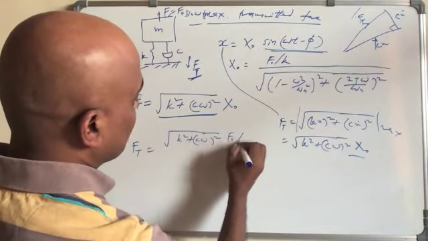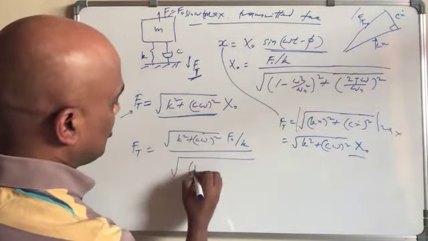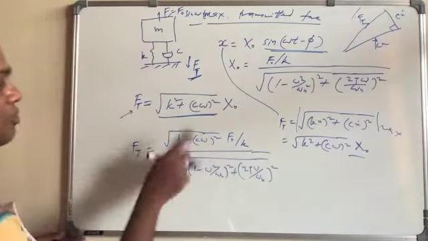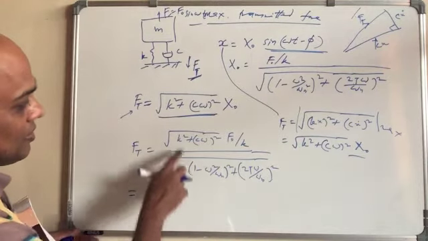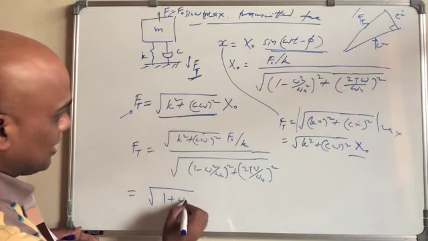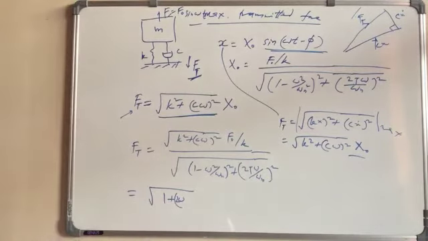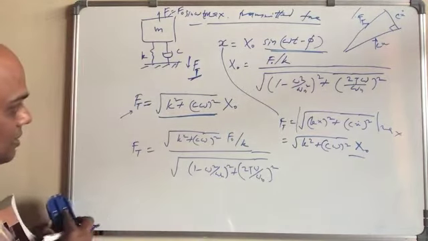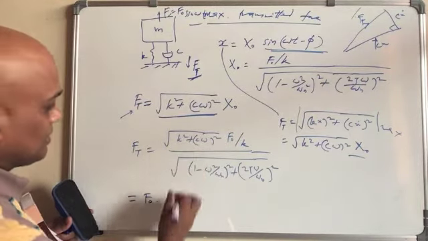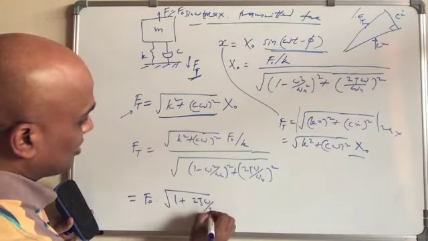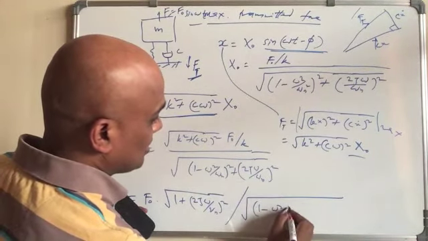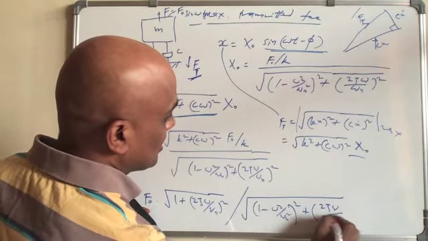X naught is F naught divided by k, divided by root of 1 minus omega square over omega n square, plus 2 zeta omega over omega n square. This is the force transmitted, or you can simplify further. K cancels out, and what you get is F naught multiplied by root of 1 plus 2 zeta omega over omega n square, divided by root of 1 minus omega square over omega n square plus 2 zeta omega over omega n square.